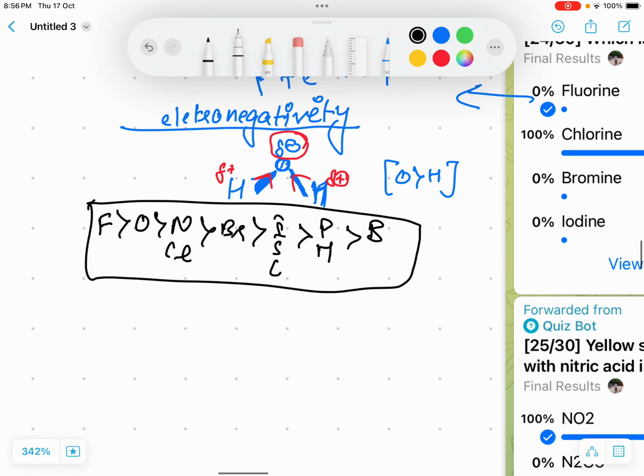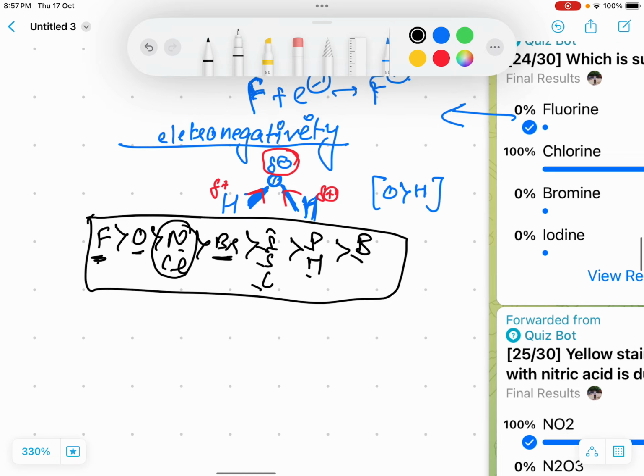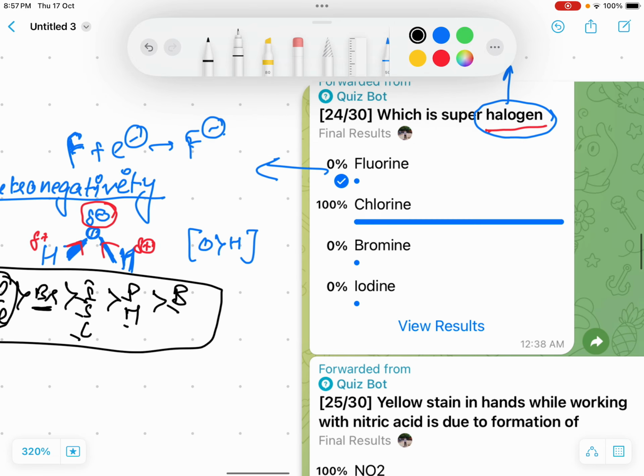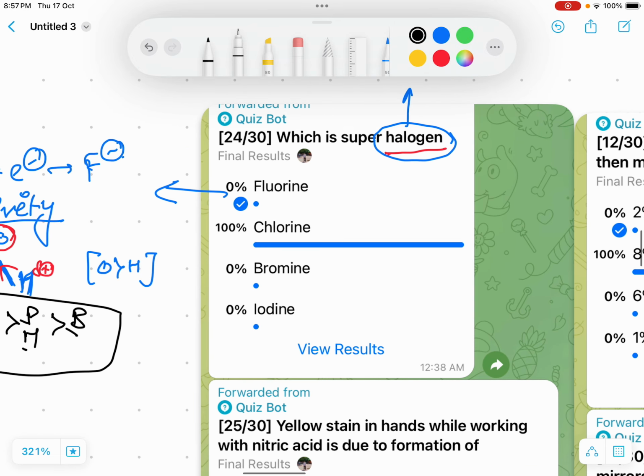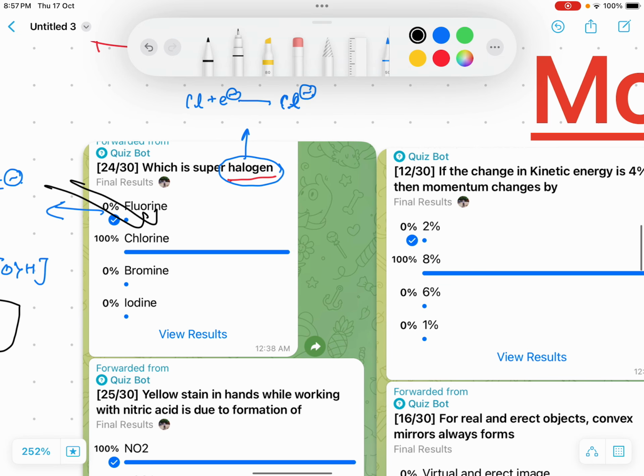So this is the electronegativity trend, and this is why fluorine might be a super halogen.